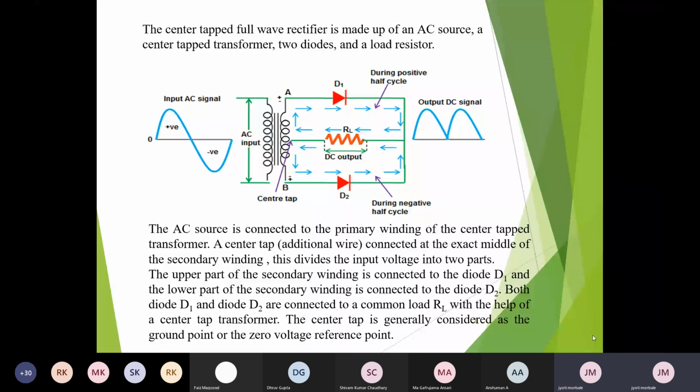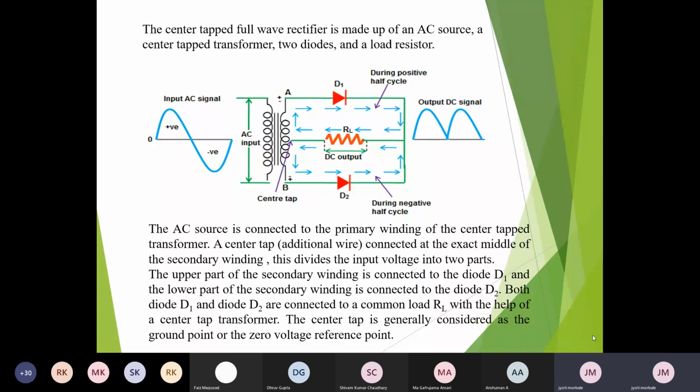At the secondary winding, we have three connections: point A at the upper side, terminal B at the lower side, and a center tap connection coming exactly from the center point of the transformer secondary. As this is a full wave rectifier, two diodes, D1 and D2, need to be used.